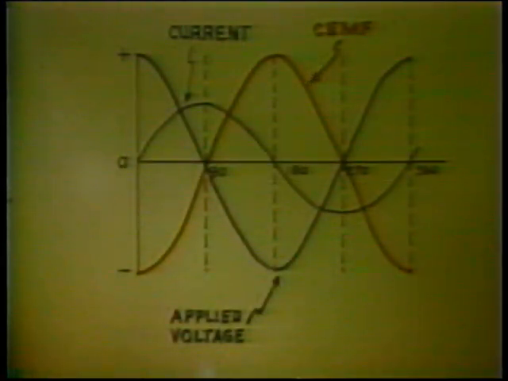You have learned that the counter EMF induced always opposes the applied voltage, and that they are 180 degrees out of phase. By constructing the waveform of the applied voltage using green ink, you will notice that there is a 90-degree phase difference between the current and the applied voltage. In a pure inductive circuit, the current lags the applied voltage by 90 degrees.